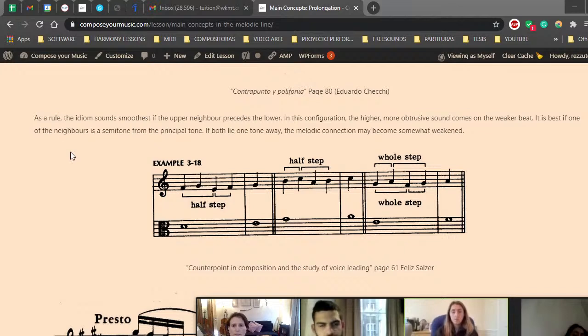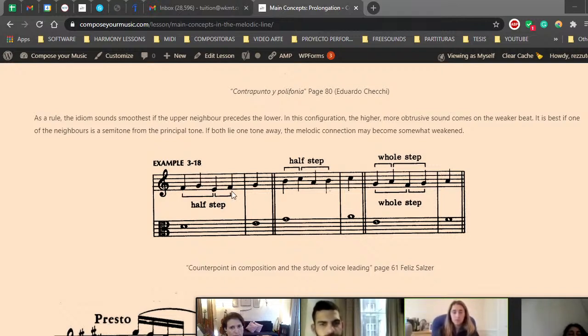So if you have, for example, in this case, D against F, the third, fourth away, a tone away from F. Then you have a D against an E, a semitone away from the F, coming back. So you have third, fourth, second, third. But G is again one tone away from the F, E is a semitone away from the F and coming back.